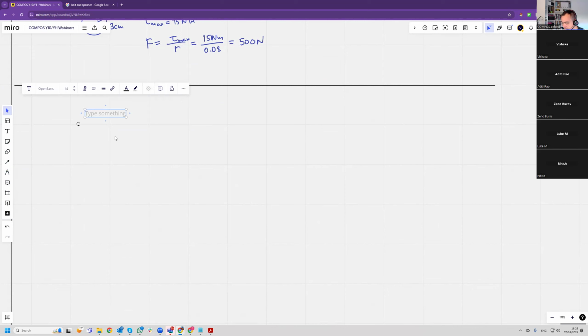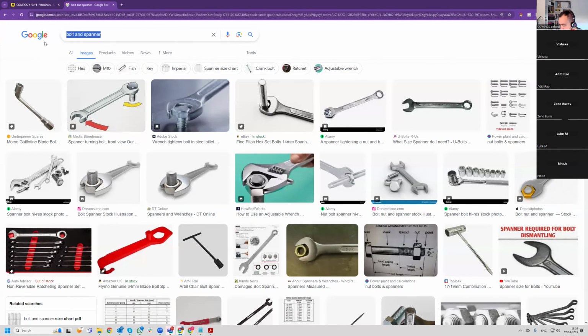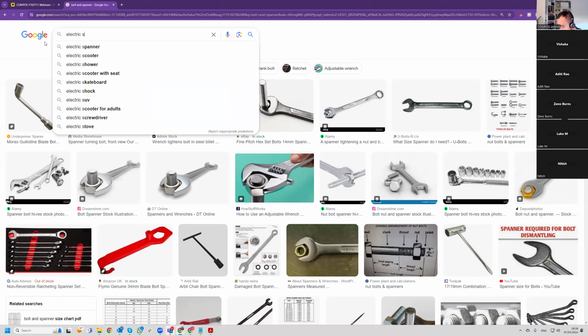The motor of an electric scooter has torque 50 Newton meters. So let's do a picture. Electric scooter.